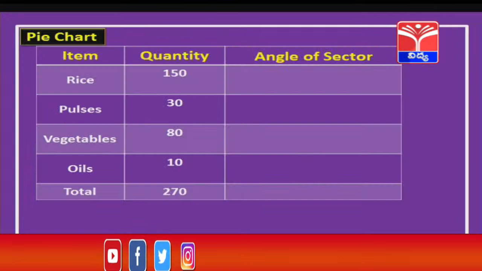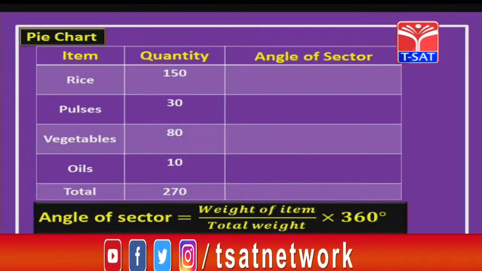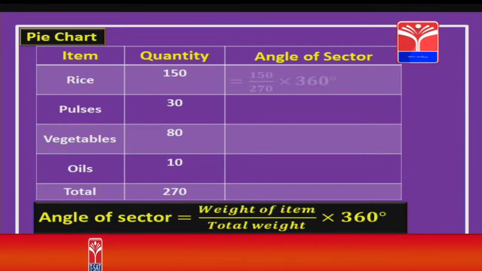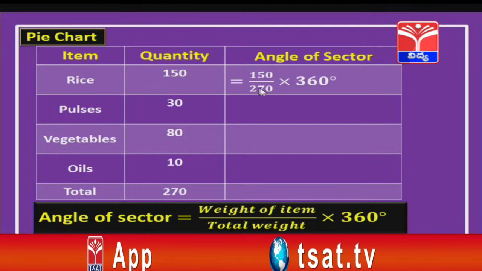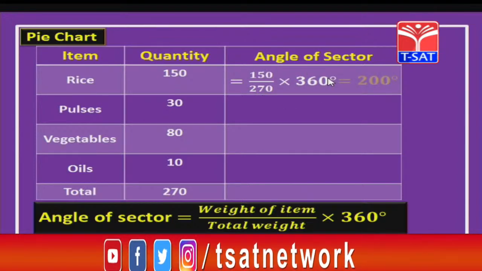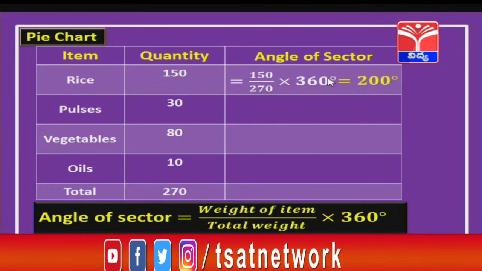So, the angle of sector for rice is weight of the item divided by total weight, into 360. The weight of the item is 150 divided by 270, that is the total weight, into 360. Simplifying, you get 200 degrees.